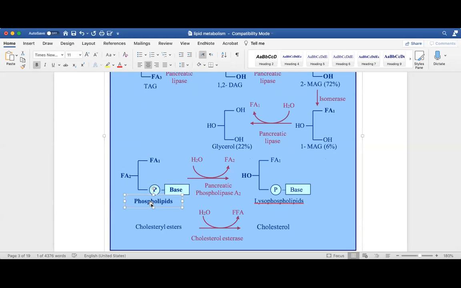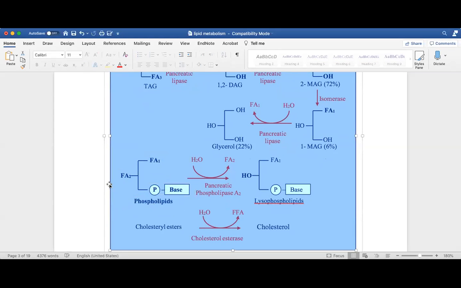Any lipid must have an alcohol, the main one being glycerol. We have other types of alcohol, but they are not written here. The alcohol must form an ester bond with the fatty acid. At position number 3, we don't have a fatty acid; we have phosphoric acid and a nitrogenous base.